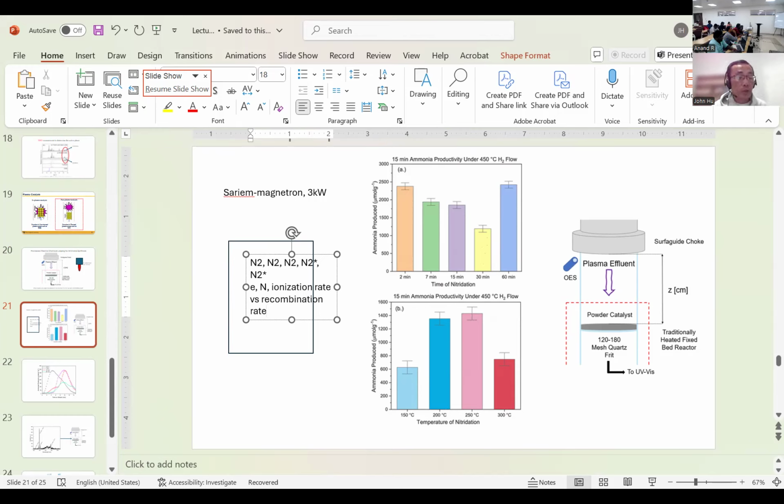Why do they recombine? Because any particles, atomic or molecular, try to go to a lower energy state and become stable. Ionized is not stable. So recombination is a tendency to go to that state. The higher the energy, the more you keep them in the so-called ionization state. So that's the key.